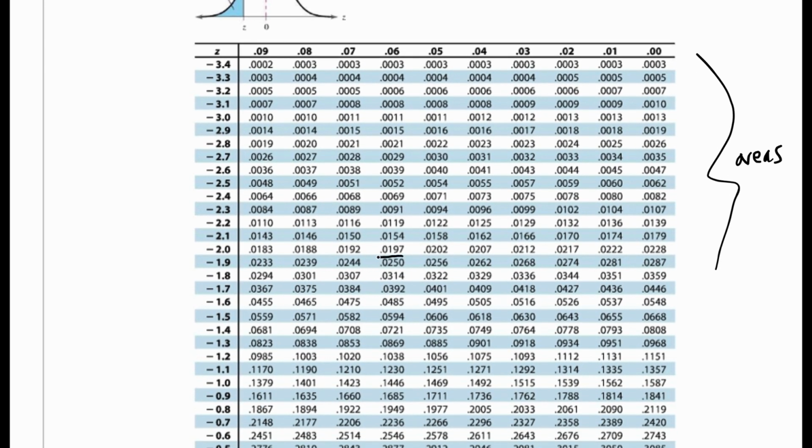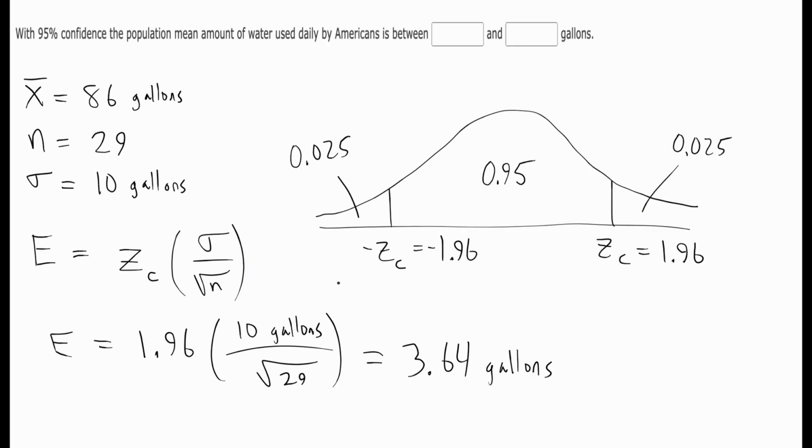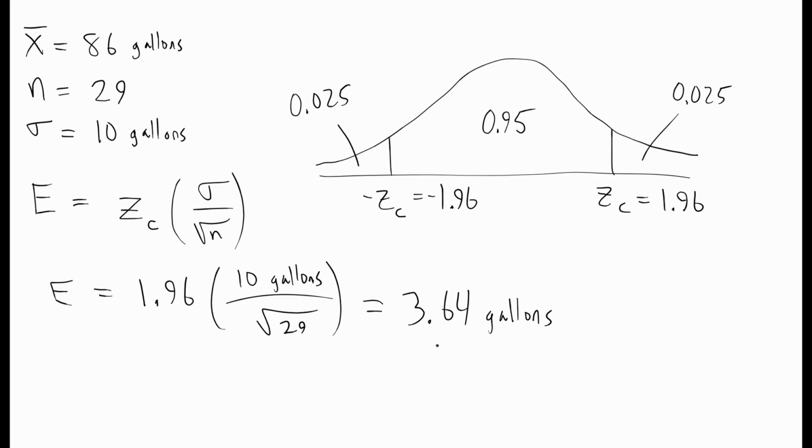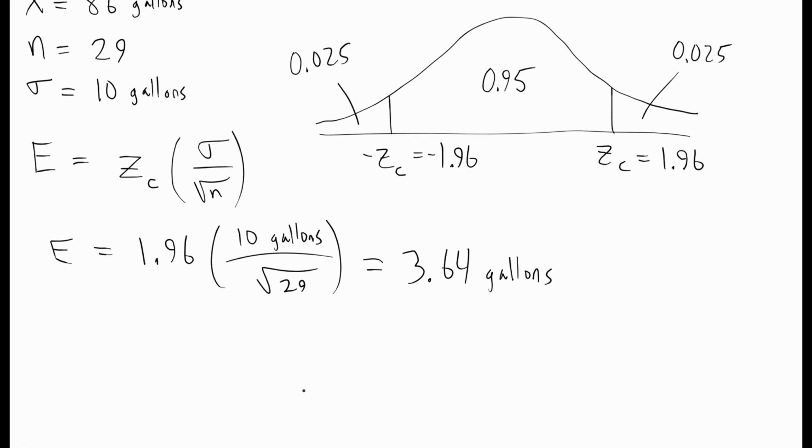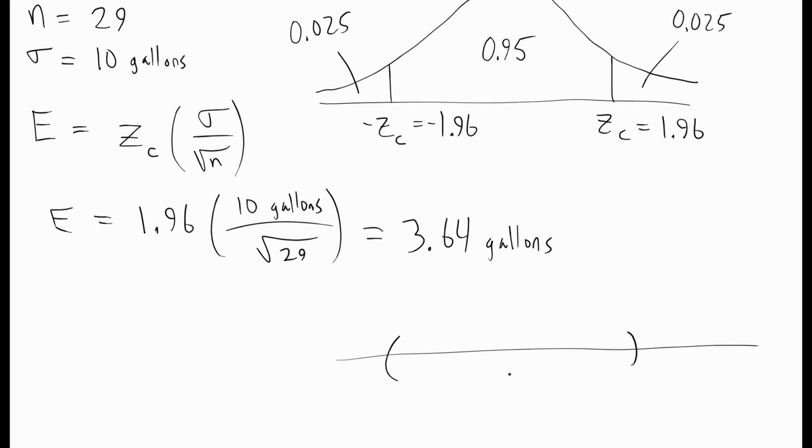Right here is 0.025, and so as we can see, that does occur at the intersection of negative 1.9 and 6 hundredths. So we're looking for a z of negative 1.96. Alright, once we have the margin of error, we can go on to construct the confidence interval.